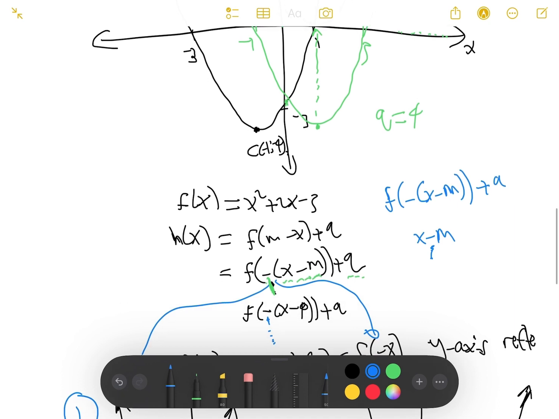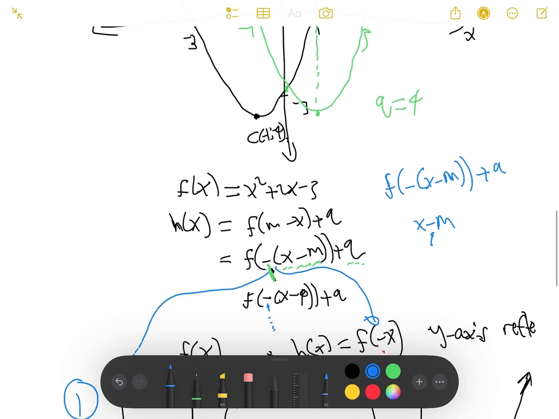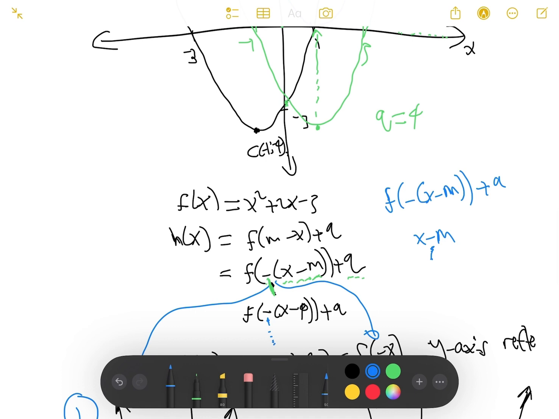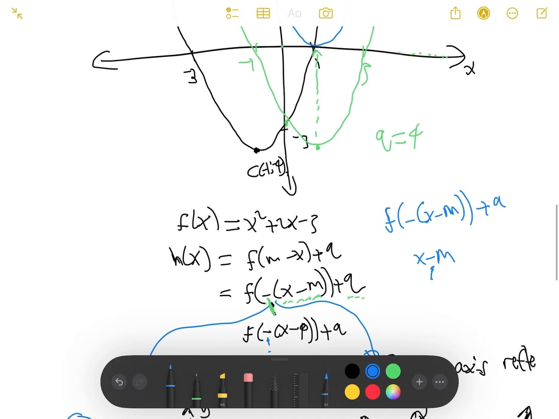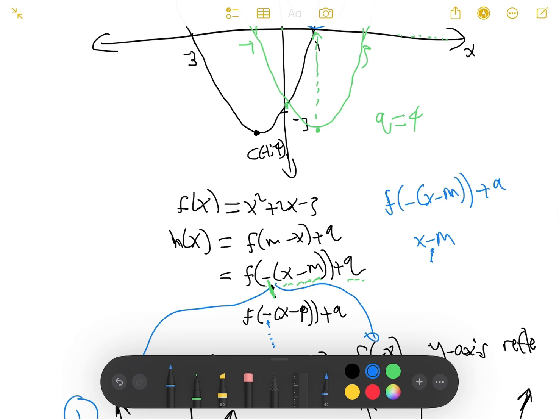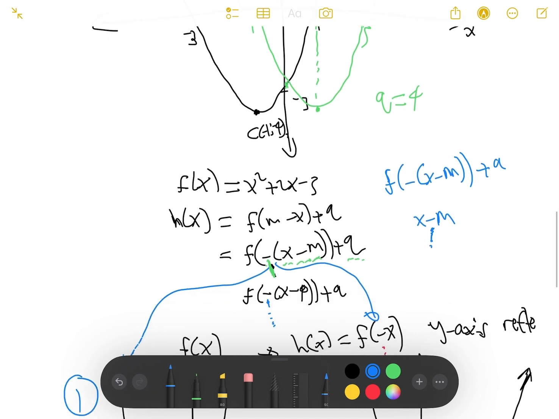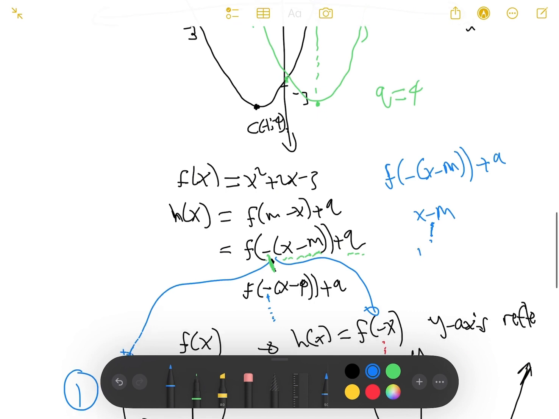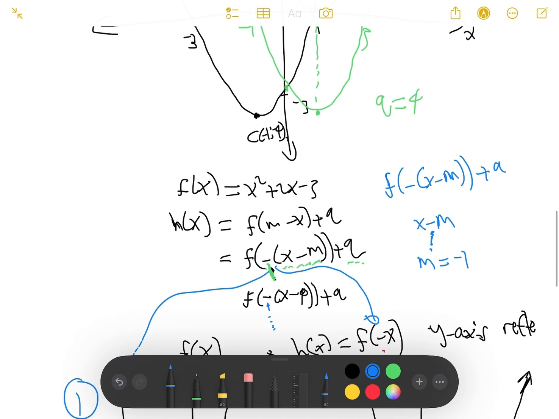In this case we have negative, so for us to end up moving to the left, it means that this sign must be positive. How is it going to be positive? If m is negative, therefore m is equal to -1, right? So this is basically x minus, in brackets, -1, which is x plus 1.